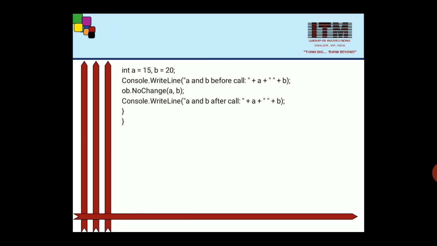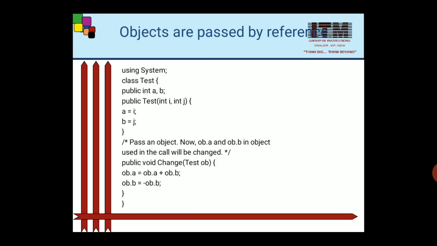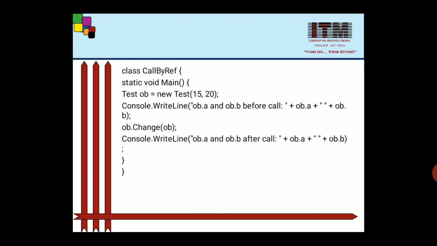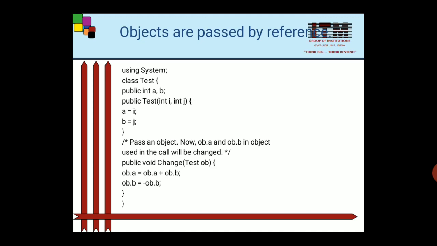This is the example of passing by reference. This is the whole example. As you can see in this example, the actions inside the method have affected the object used as an argument.